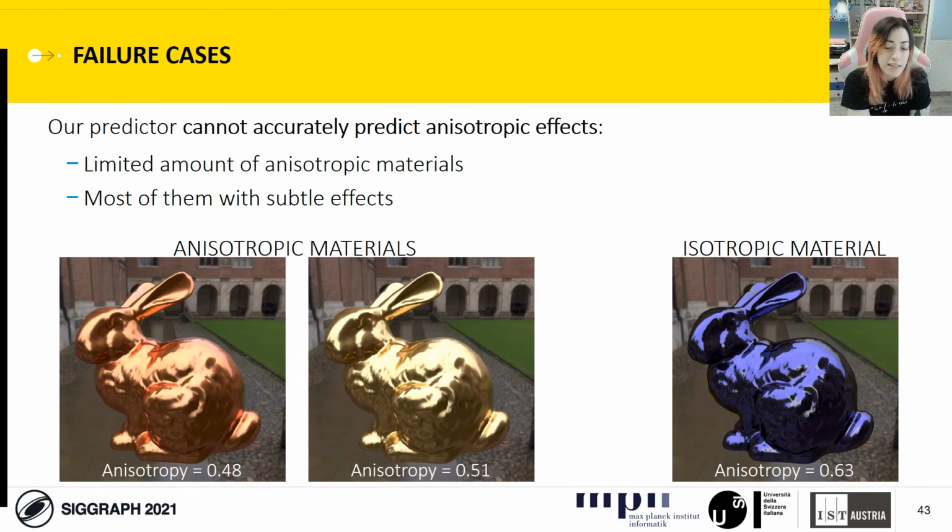Unfortunately, current datasets of measured materials do not contain a lot of variety of anisotropic appearances, and usually these effects are very subtle and usually best viewed under viewpoint changes. So at the end, our data is actually a bit biased towards isotropic appearance, and in this case, larger datasets of measured anisotropic materials could translate into improvements of our predictor.